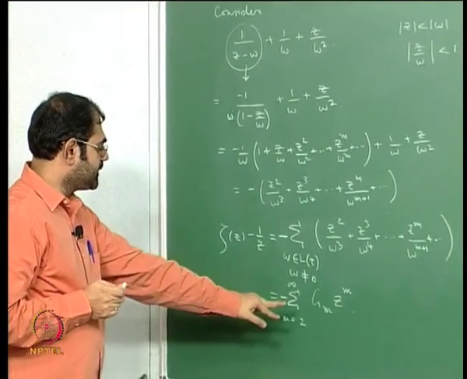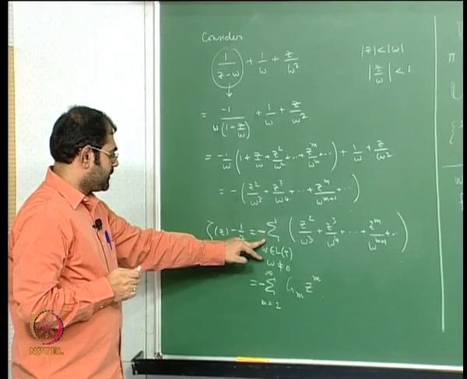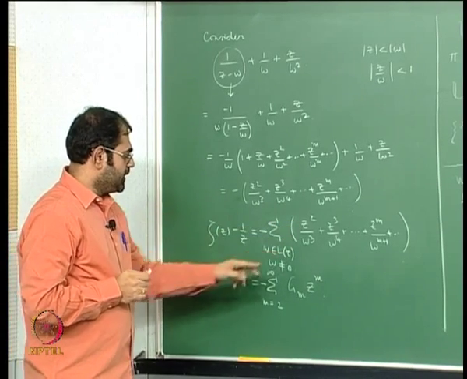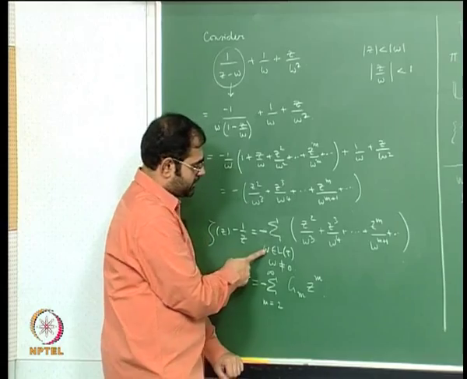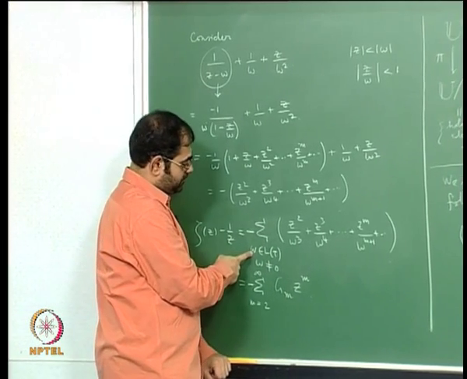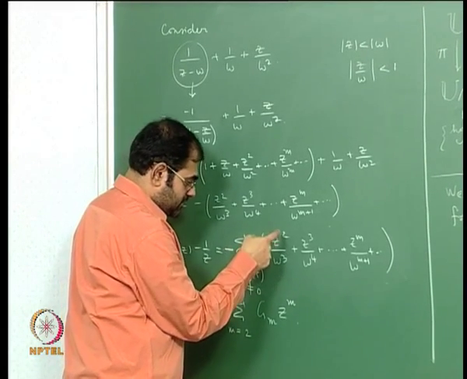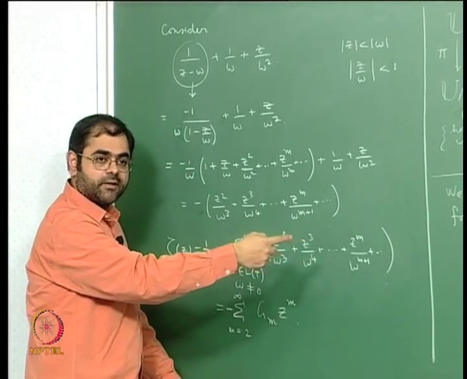You can see that when I am summing over each of these omegas, for each omega I get z squared, z cube and so on.